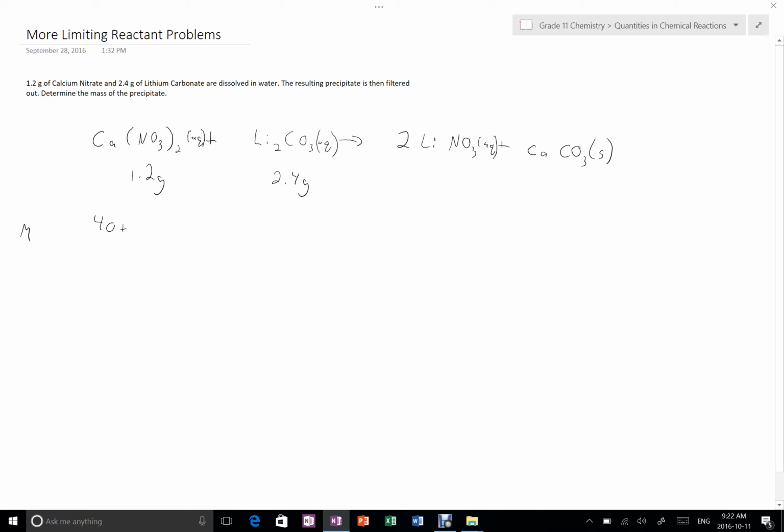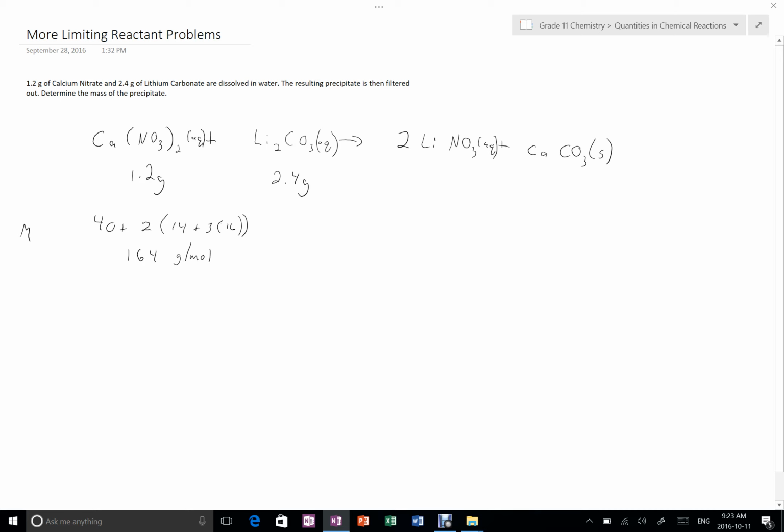And then I have 2 times nitrogen, which is 14, plus 3 times oxygen, which is 16, for a molar mass of 164 grams per mole.